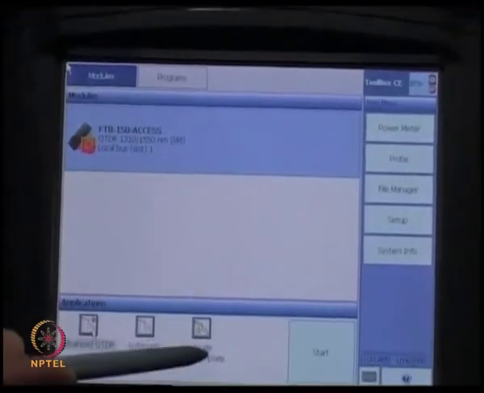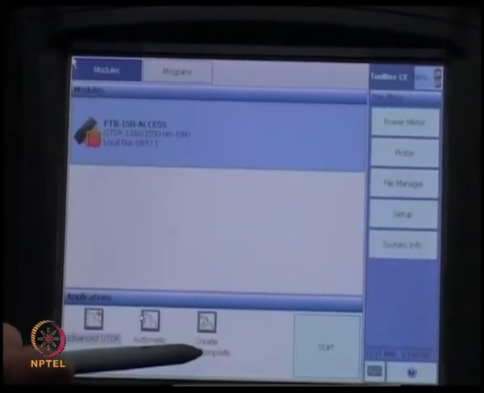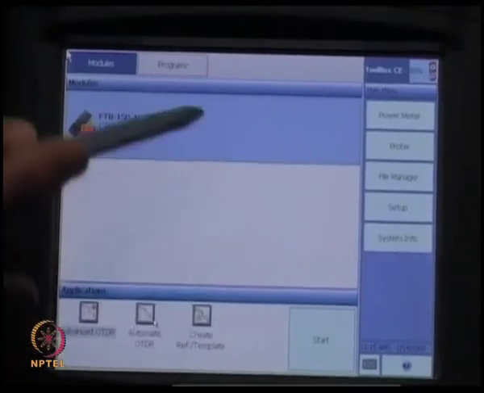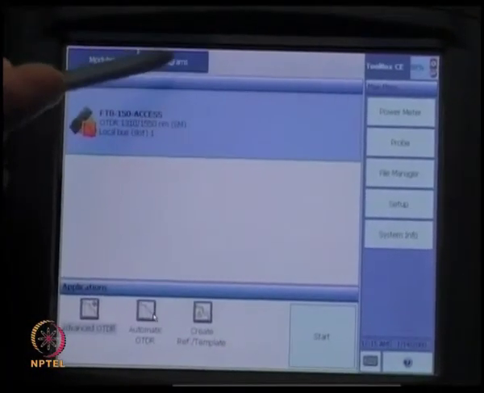These are some advanced OTDR features. You can choose any of these three for operations.